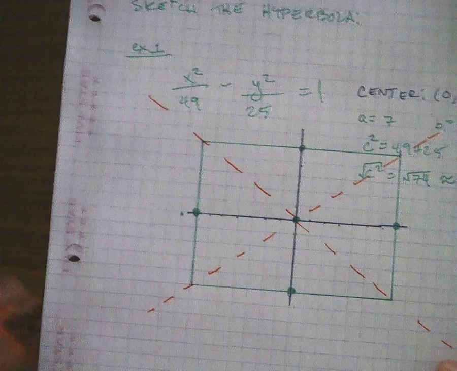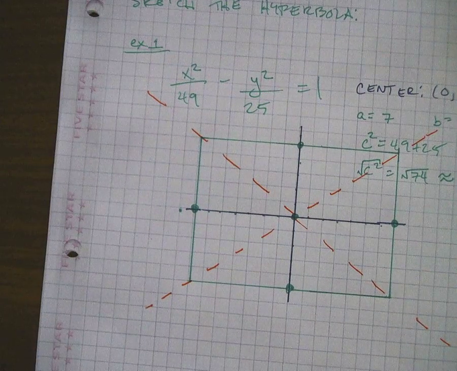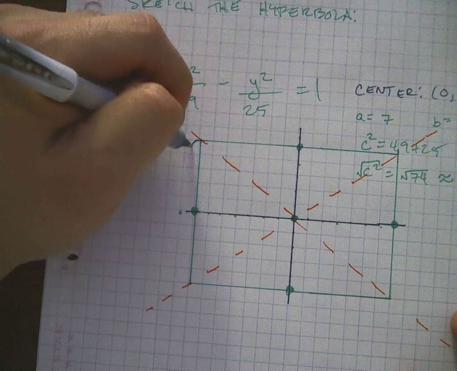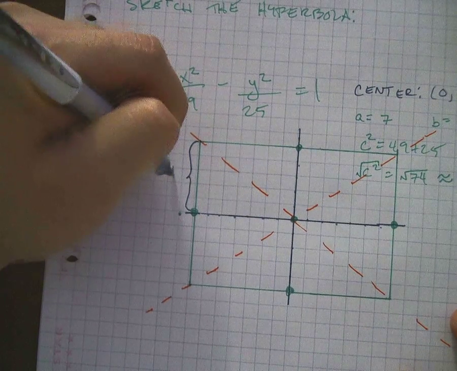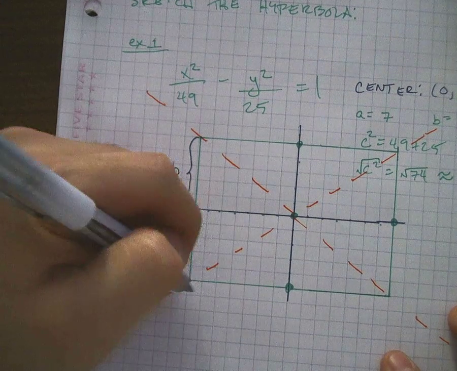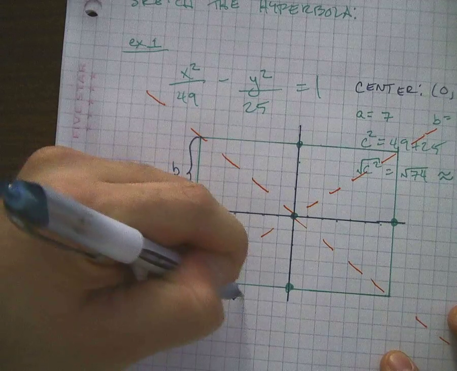There's that. Now, this dimension right here, from here to there, is B. The dimension from here to there is A.